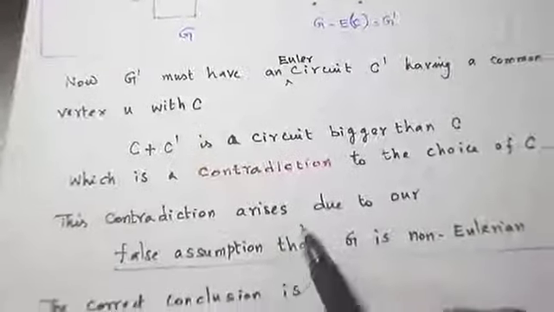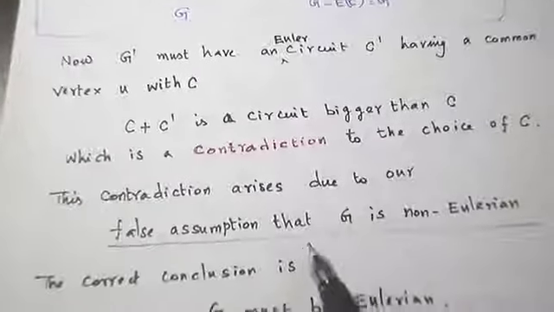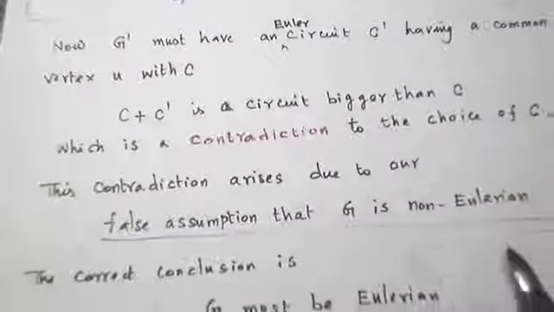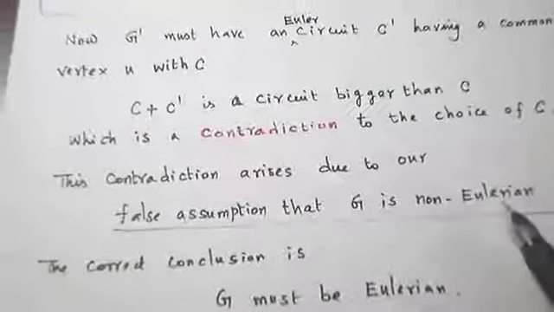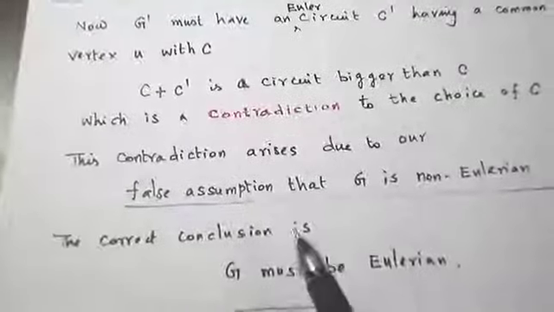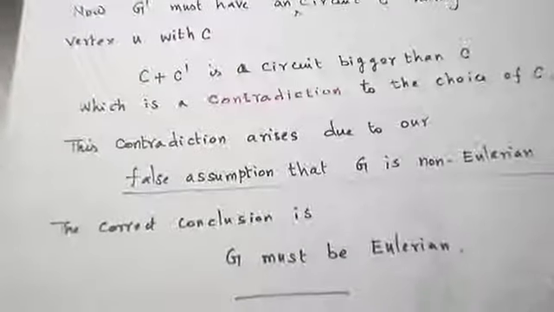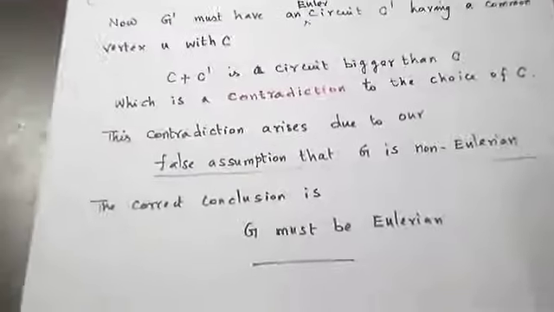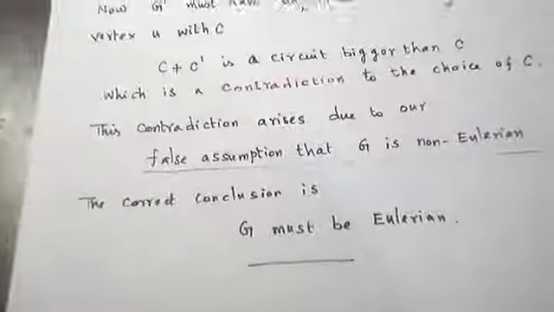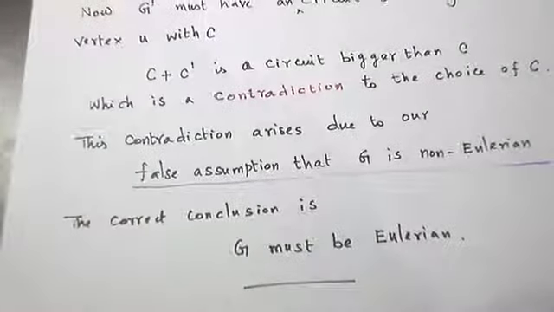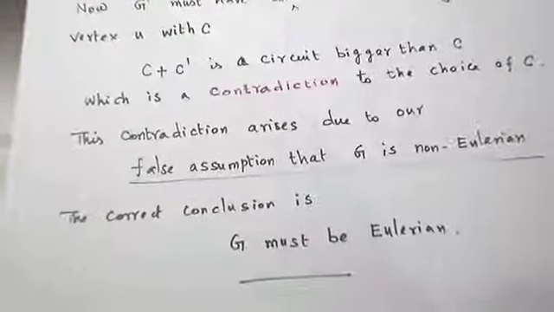This contradiction arises due to our false assumption. What did we assume? We assumed G is non-Eulerian. That is false. So G must be Eulerian, which is our claim. So with this the proof is over, and let us see another theorem in the next video. Thank you.